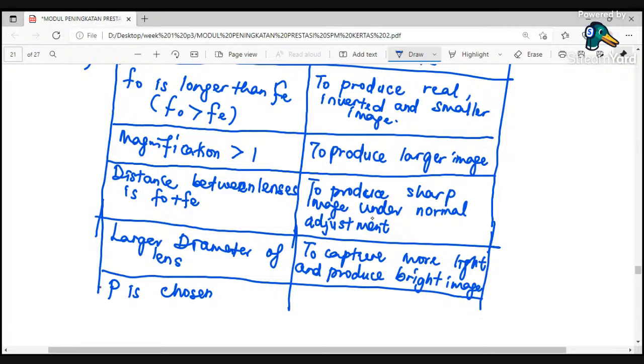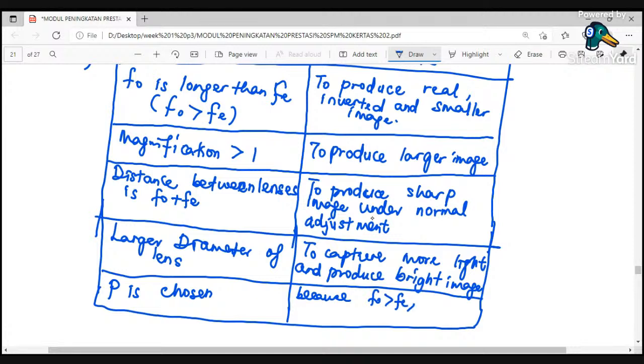What is the reason for the choice? You write again on the left side, the characteristic of the lens on the left side, which is FO. Because FO more than FE, M more than 1, D equals FO plus FE, and larger diameter.